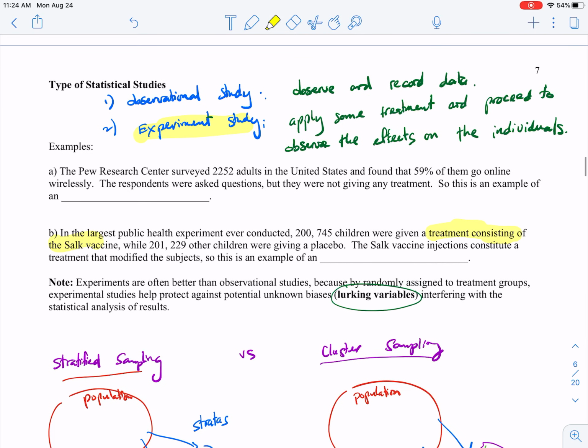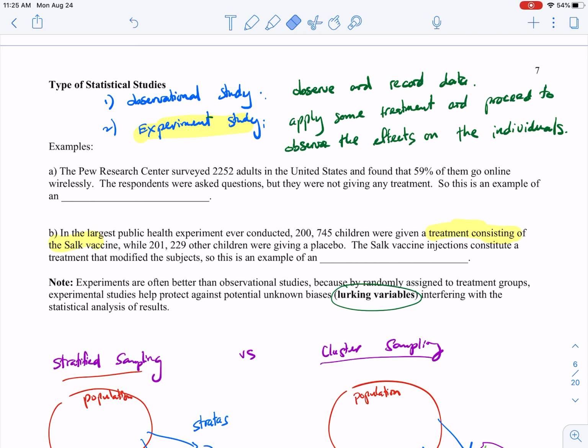We have a definition of lurking variables. It says that experiments are often better than observational studies because, by randomly assigning subjects to treatment groups, experimental studies help protect against potential unknown bias. Those are called lurking variables. They can interfere with the statistical analysis of the results, right?